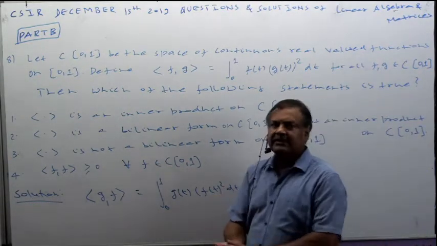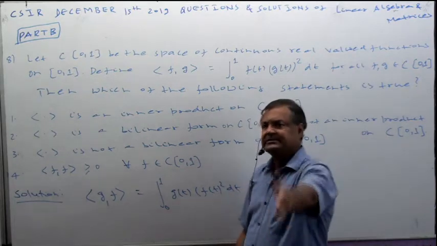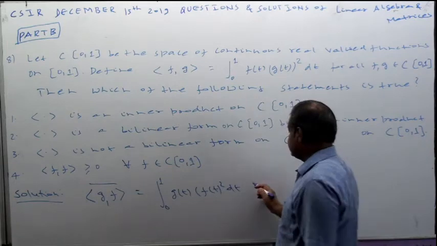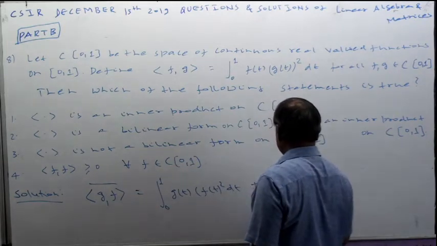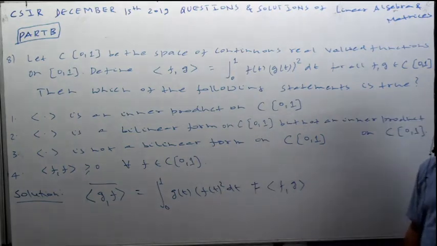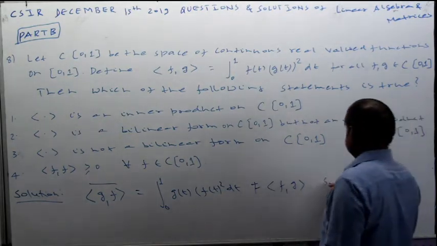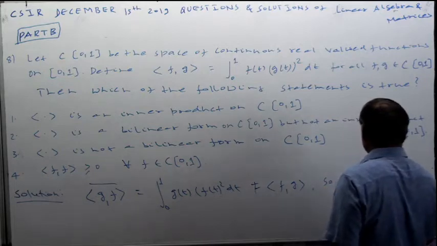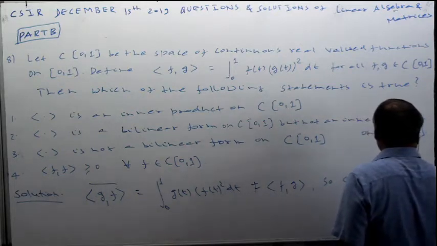Now over real, no need to take conjugate. This and its conjugate both are same. And this is not equal to inner product of f, g. Happy with this? So this is not an inner product.